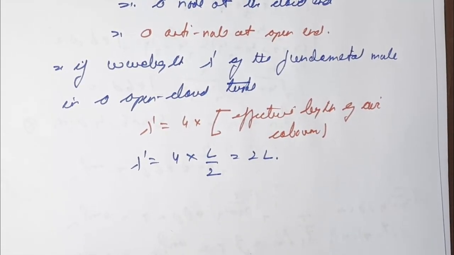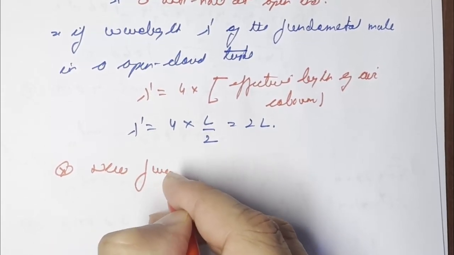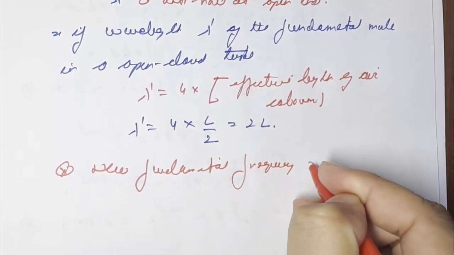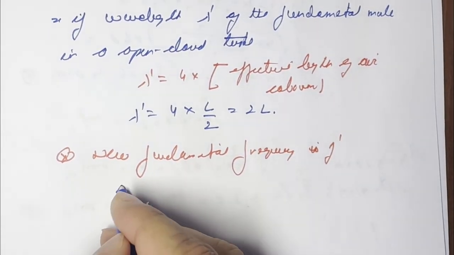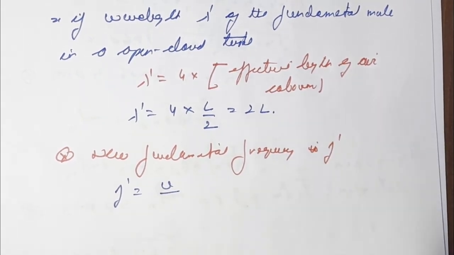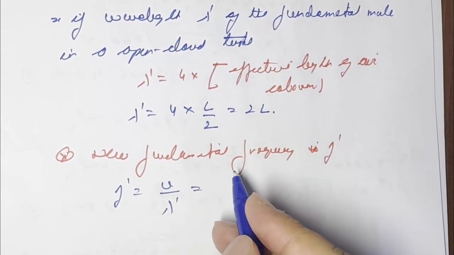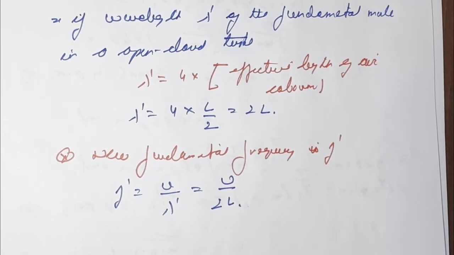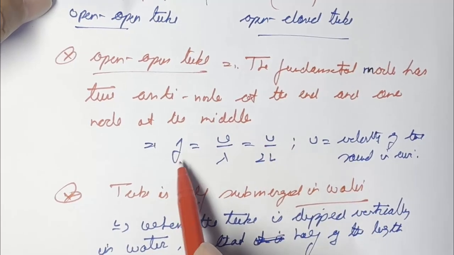So if the new fundamental frequency is f prime, then f prime will be equal to v, the velocity of sound in air, divided by lambda prime. Lambda prime we just calculated as 2L, so v upon 2L is nothing but our fundamental frequency in the open tube, which is equal to f.